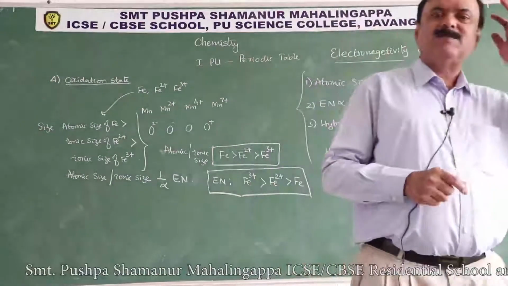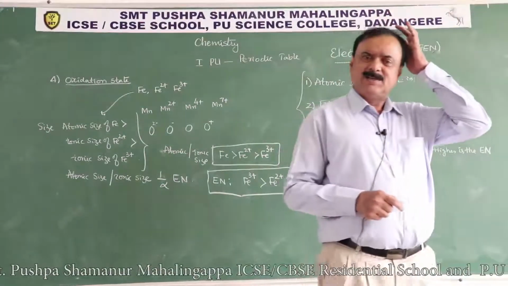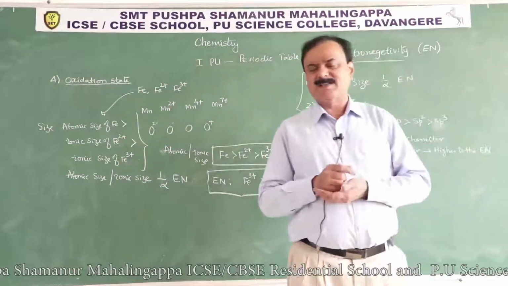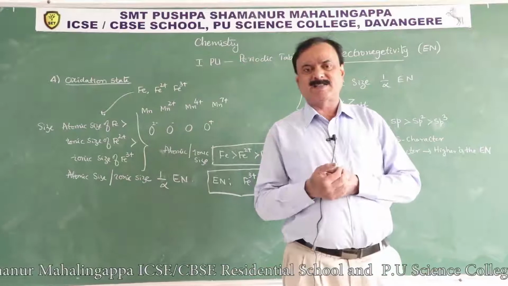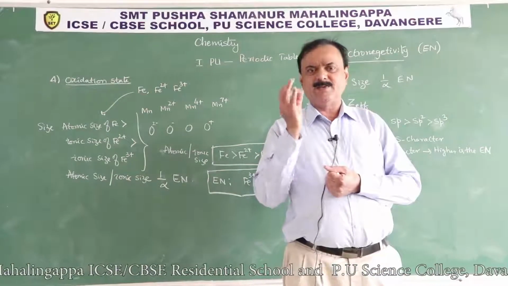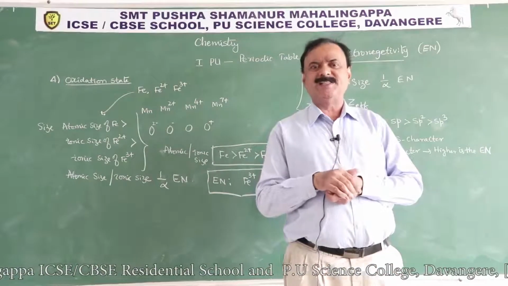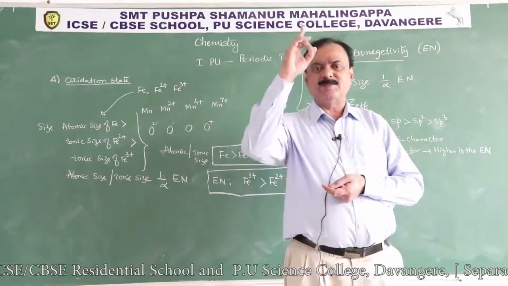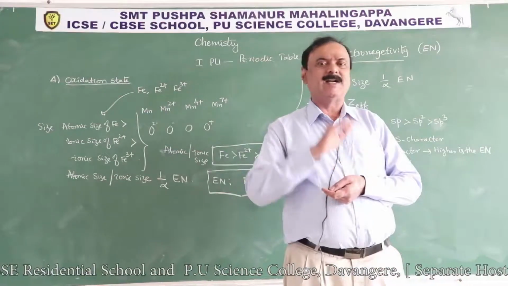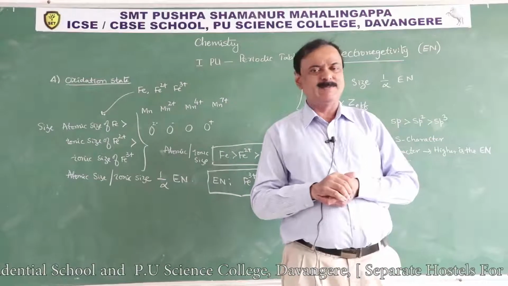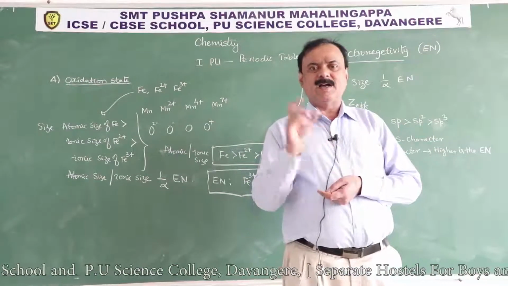In your entrance exam, they will ask questions like this, either in atomic state or in ionic state. In the ionic state, you should have the knowledge to predict the size. The higher the positive charge borne by the cation, the smaller the ionic size will be.